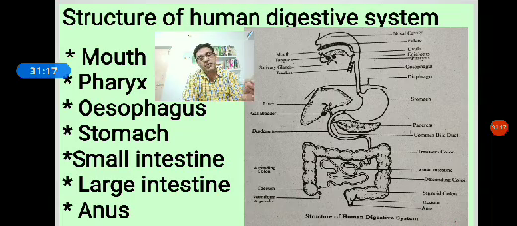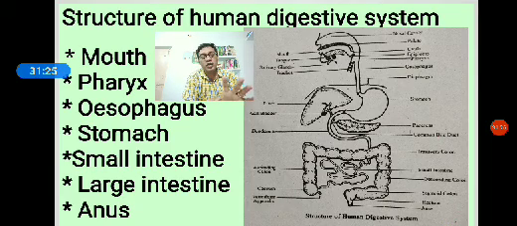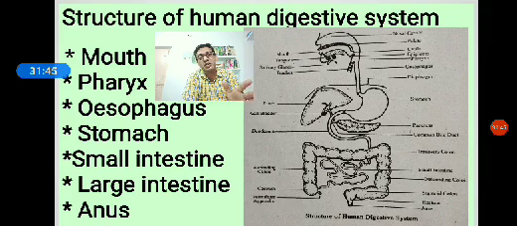After that, the food enters the small intestine. The duodenum is the first part that receives the food. In the small intestine, the maximum amount of food is digested. After digestion, the small intestine, with the help of villi, absorbs all the essential nutrients; that is absorption. After absorption, the undigested food enters the large intestine.